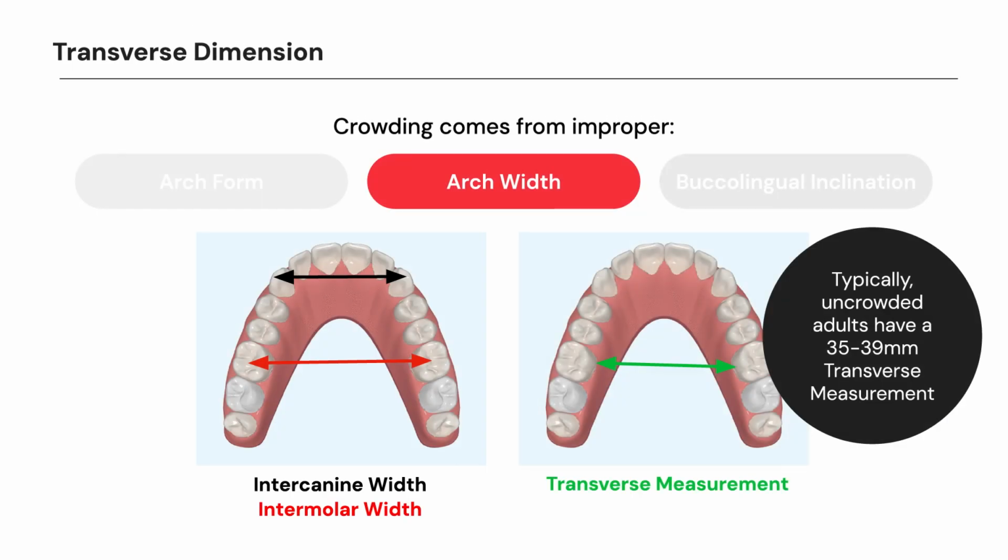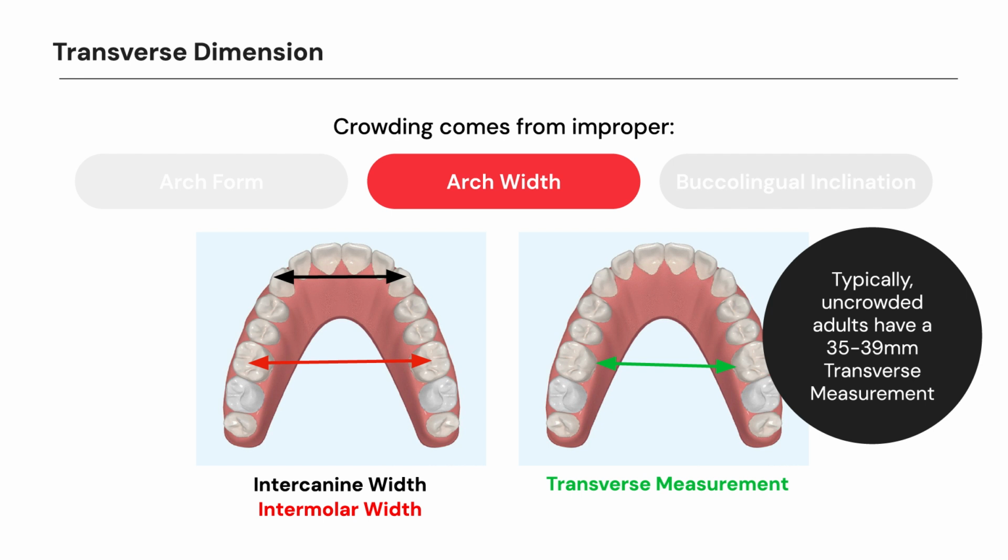It leads us to arch width. So we know that if it's a healthy U-shaped arch, it should have a certain width that's associated with it. And that typically always was measured at the canines from cusp tip to cusp tip, which we call the intercanine width, or from the molars, the first molars, measured at the central fossa of the upper maxillary first molars. And if we measured that, we could get, again, some pretty good data on what's going on.